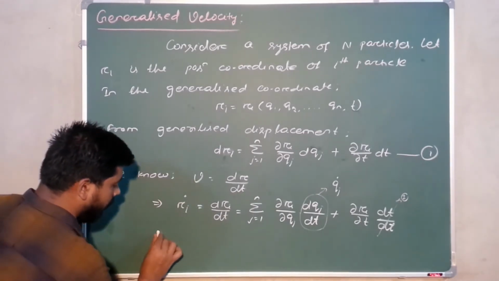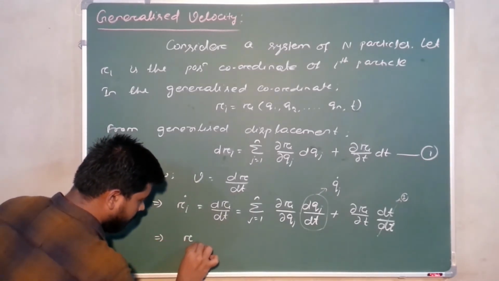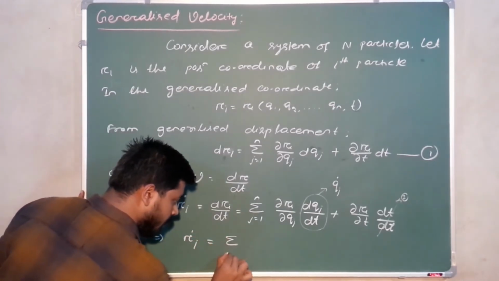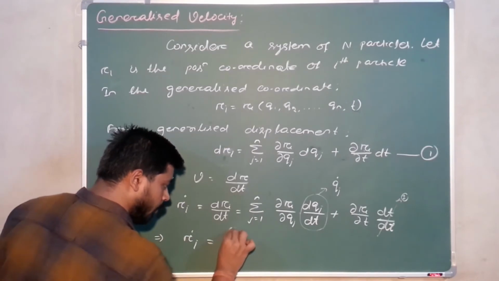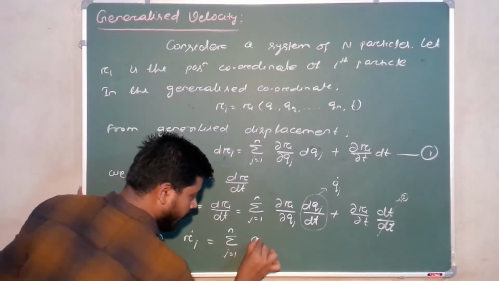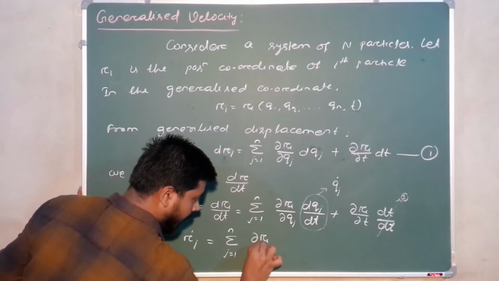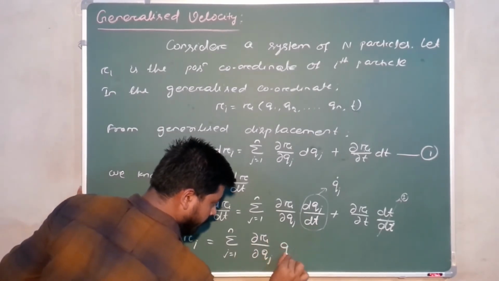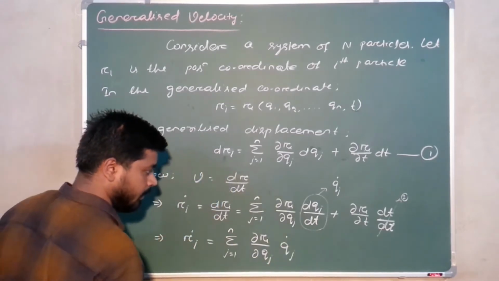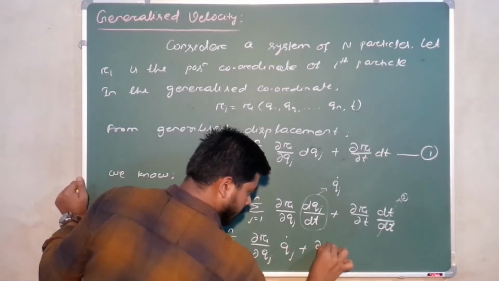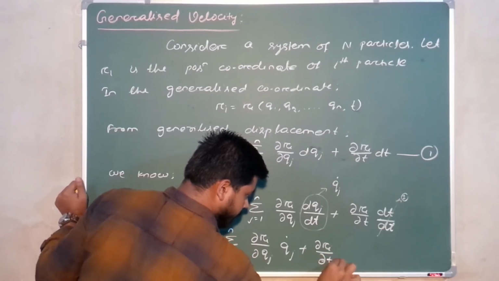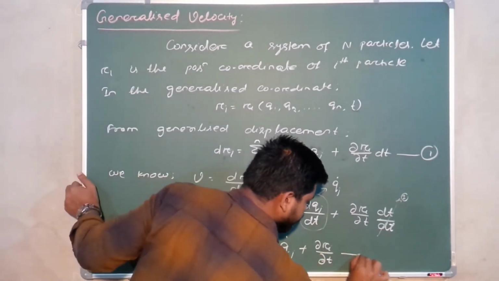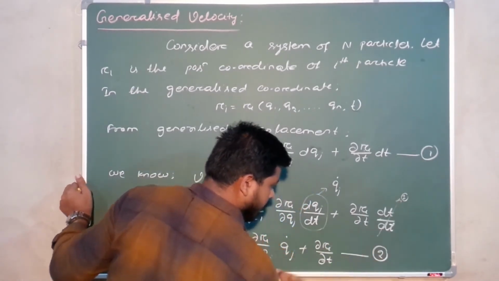Then Ri dot equal to summation over j equal to 1 to n of dou Ri by dou Qj into Qj dot plus dou Ri by dou t. Let this be equation 2.